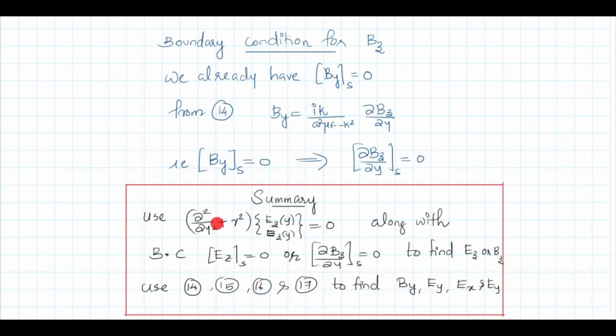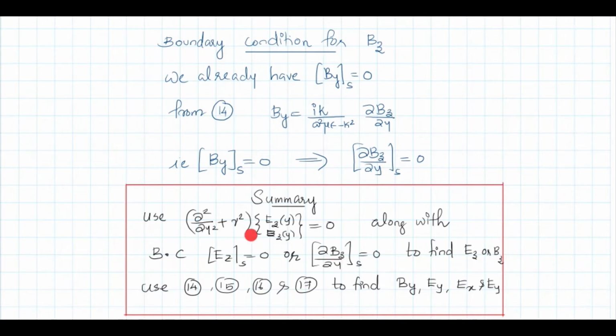Now the form of the wave equation is exactly the same for electric and magnetic fields, but the boundary condition is not the same. One is for Ez, the other is for the normal derivative of Bz.